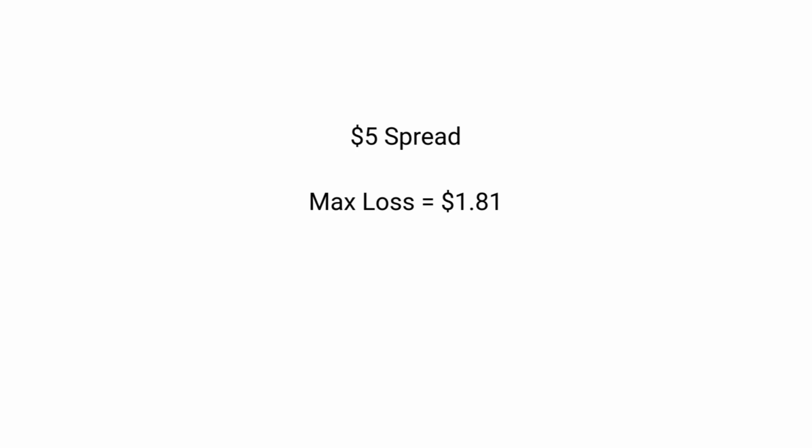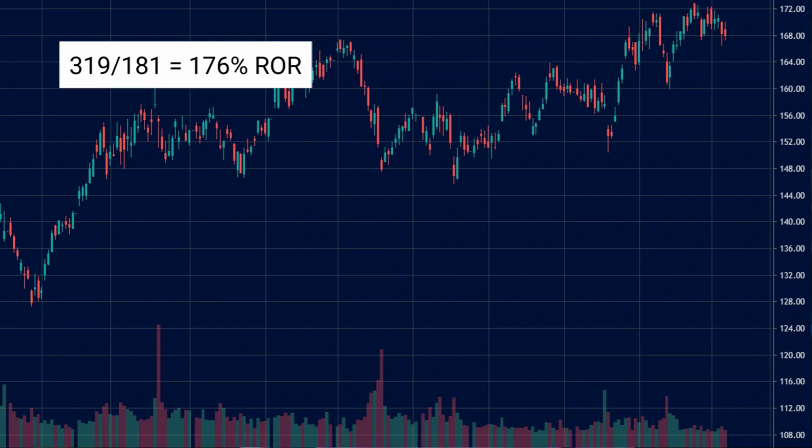That means that we could profit $3.19 per share or $319 per contract. That's a 176% return on our risk in 41 days if the stock closes above $175 at expiration. This is an example of entering a bullish income vertical spread using trend to determine our sold strike.